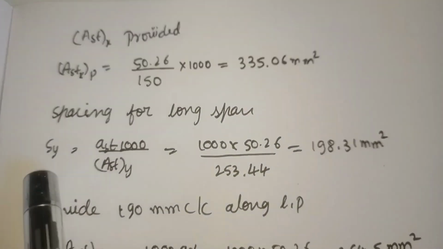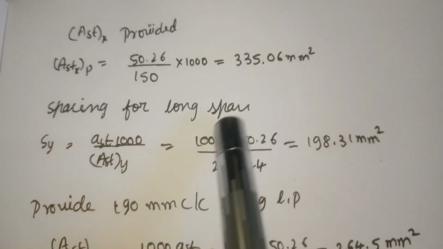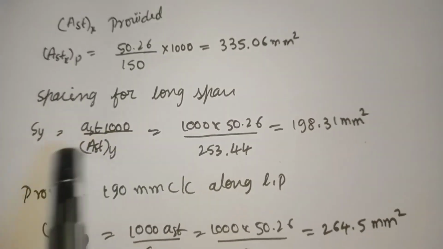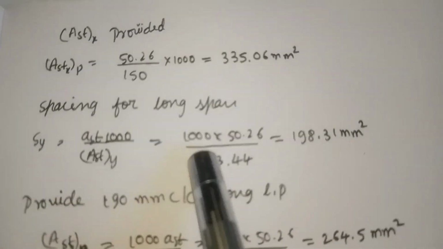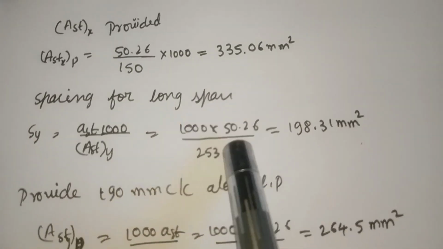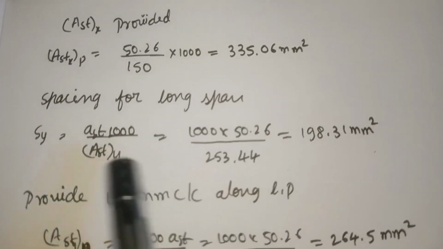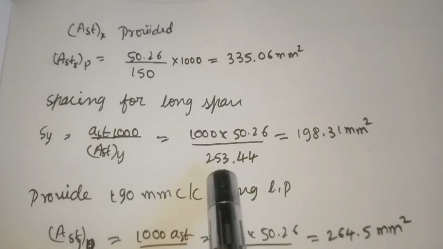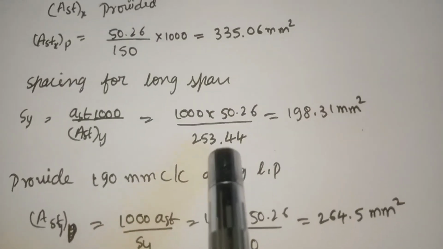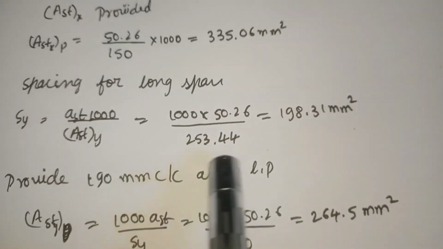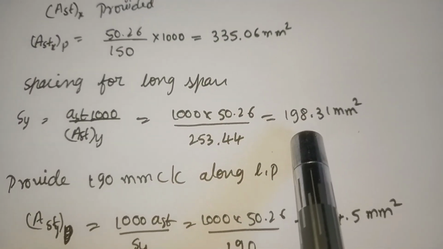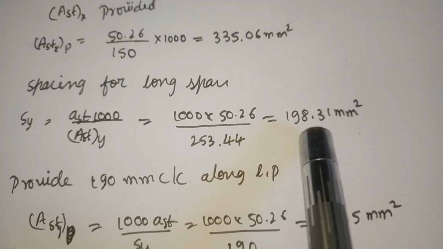So similarly, we have to calculate the spacing for longer span. So SY is equal to 1000 into AST divided by AST Y. 1000 into area we got was 50.26 divided by area of steel along the longer span we got 253.44. So substitute all the value. By simplifying, the spacing value will be 198.31 mm.